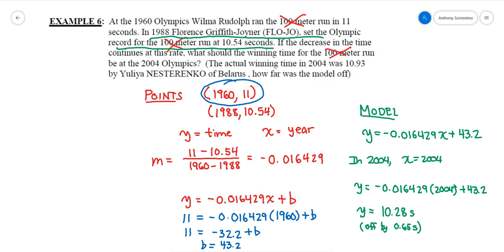So the winning time in 1960 and the winning time in 2004 may not have been record breakers. As you can tell, they weren't. They were both well over that 10.54 seconds that FloJo had. So I wouldn't expect this to be a good model using those as 2 points because FloJo's winning time was kind of an extraordinary circumstance.